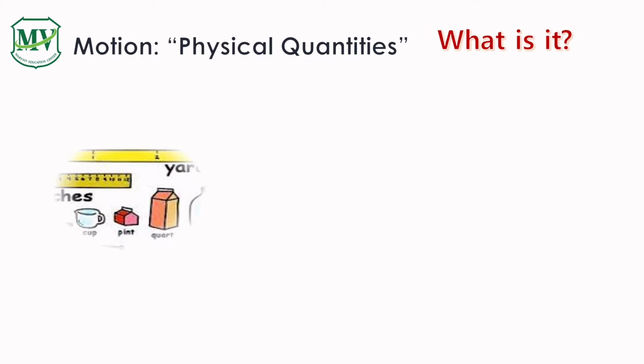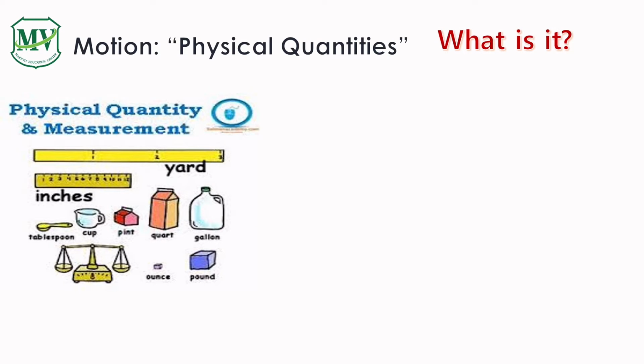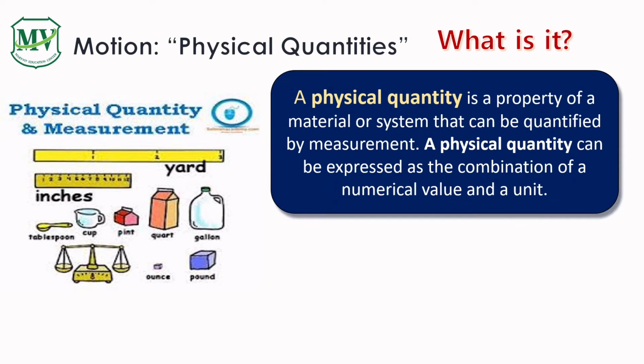A physical quantity is a quantity that can be measured. Physical quantities have a numerical magnitude and a unit. We define a physical quantity either by specifying how it is measured or by stating how it is calculated from other measurements.